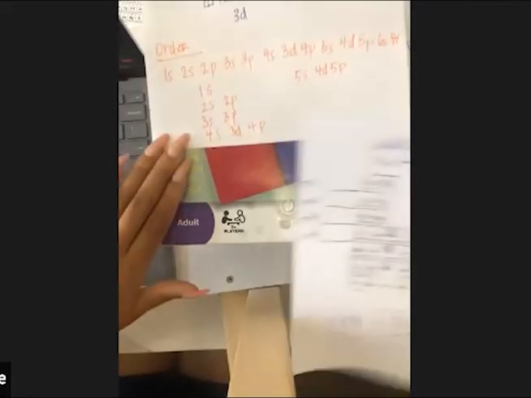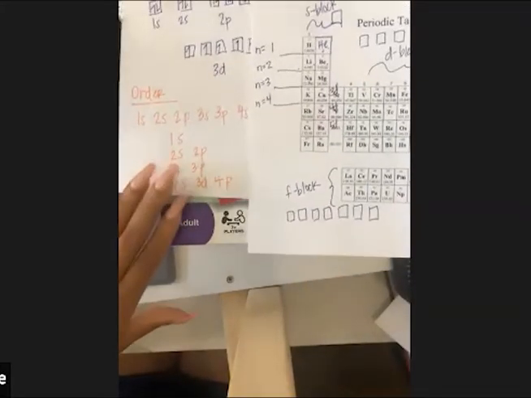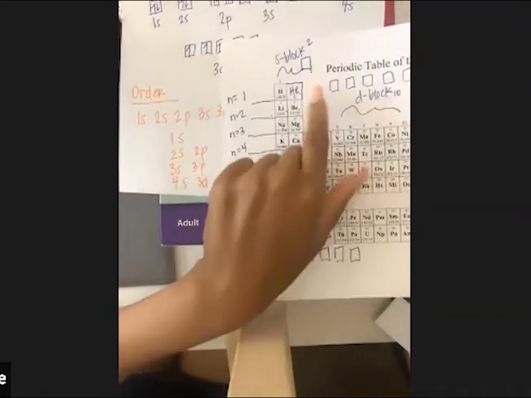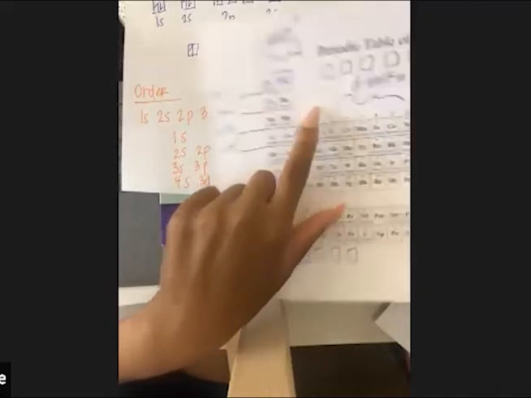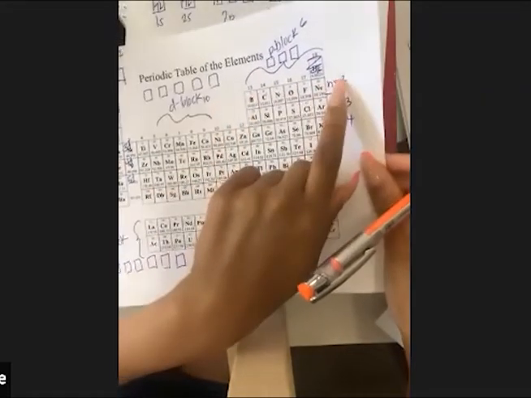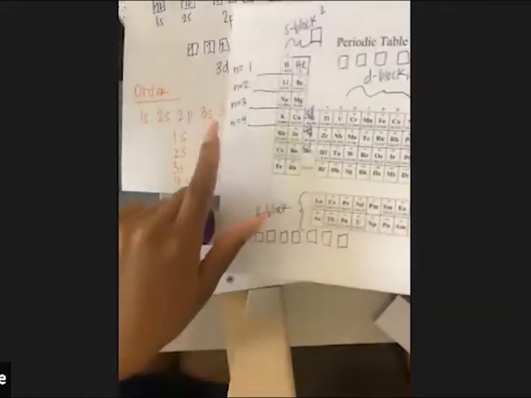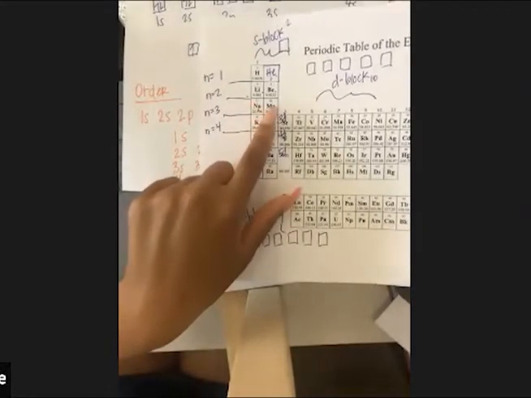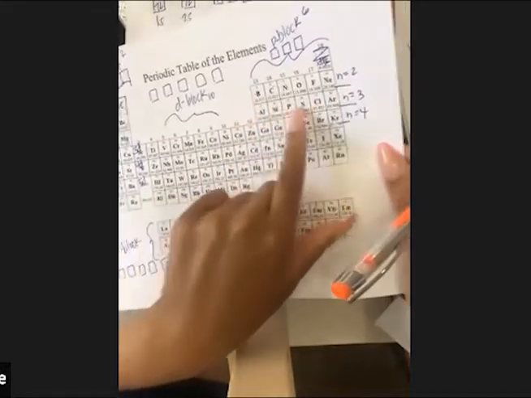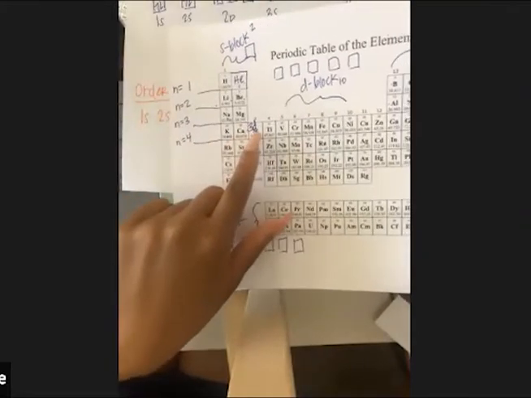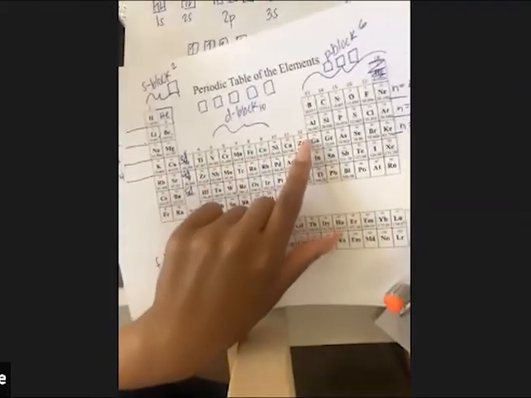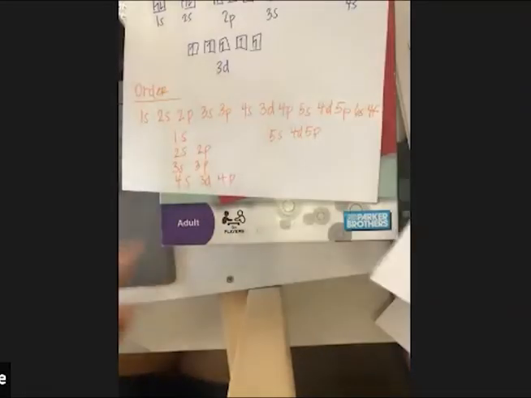So on the periodic table, the first row is 1s. Then the second row is 2s, and then you go across to 2p. And then the third row is 3s, and then you go across to 3p. And then the fourth row is 4s, and then 3d, and then back to 4p. That's what I'm saying when I write it like this.